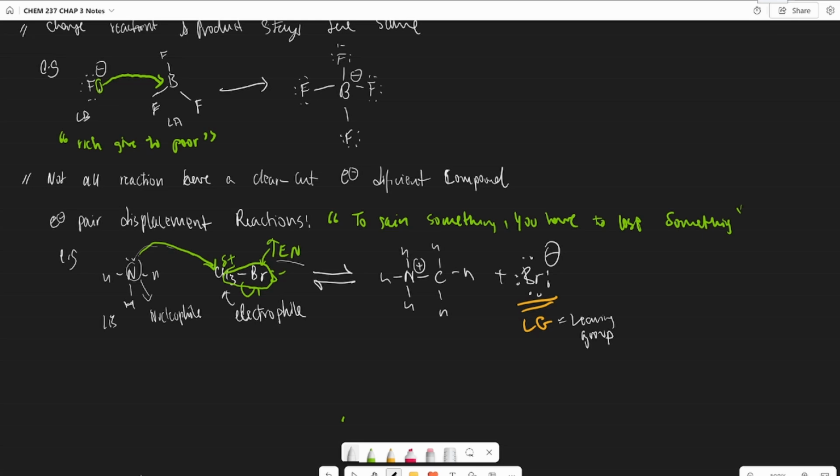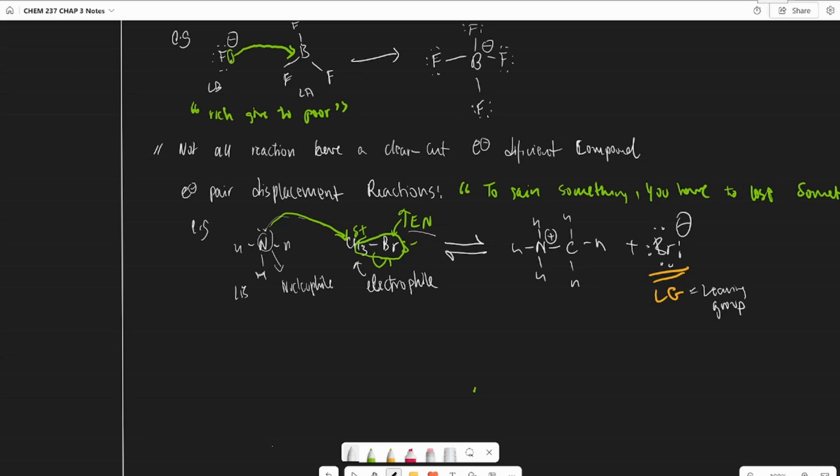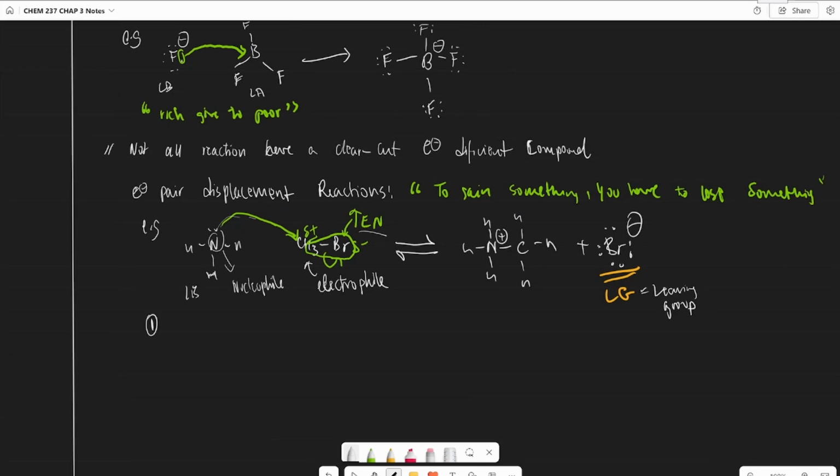So the two main lessons from this, bear with me. The first rule is rich give to the poor: a source to an acceptor. In this case, a nucleophile to an electrophile, a Lewis base with a Lewis acid.